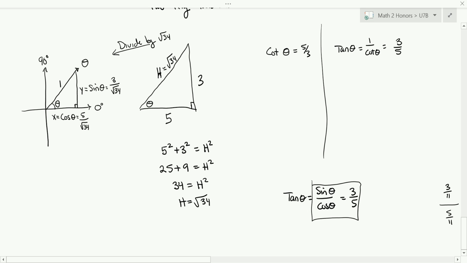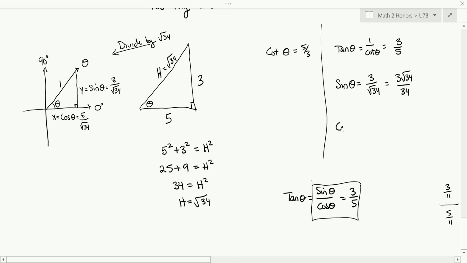Now we have what we need. Yes, sine and cosine are not in the final form because we can't have the radical in the bottom, but we still can work with that. So I'm going to write, we'll put sine over here. It doesn't matter where we put it, but sine of theta is going to be 3 over root 34, which we got to fix to 3 root 34 over 34.